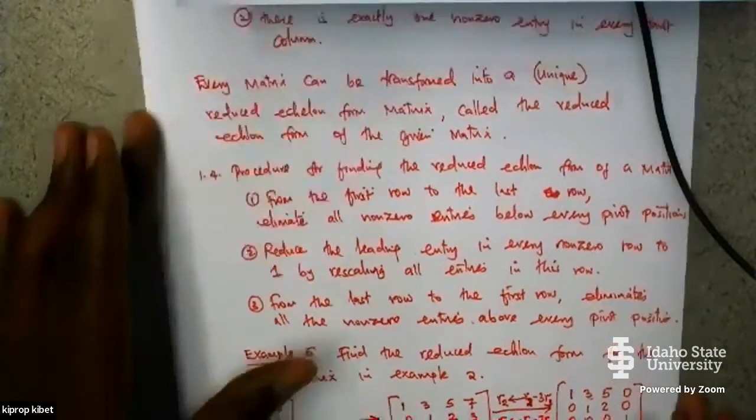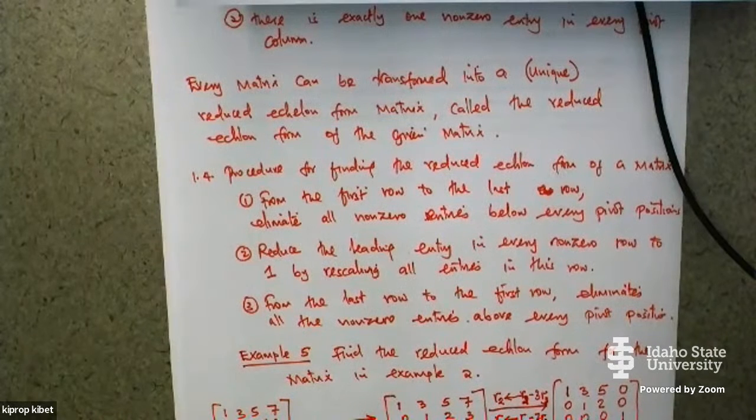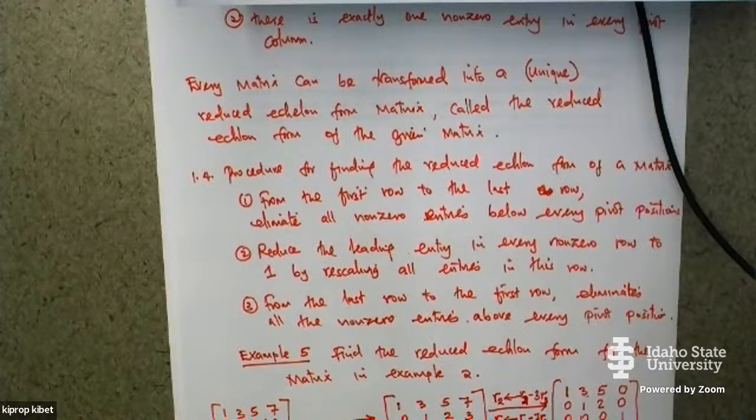So to get a new R1, it is R1 minus 3 R2.